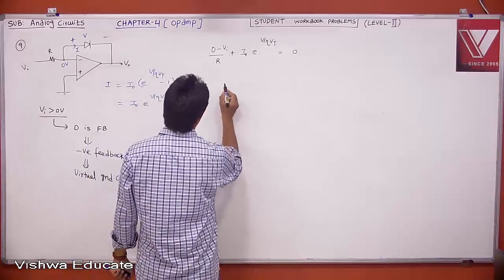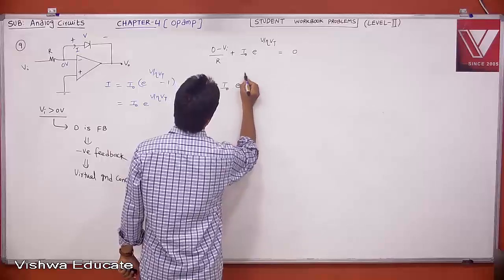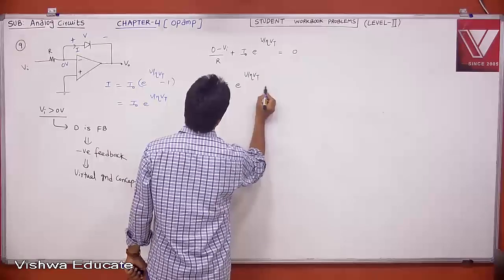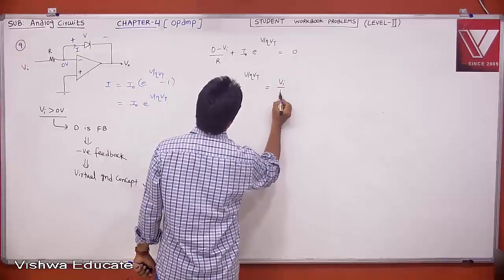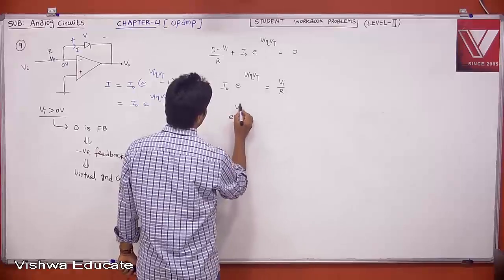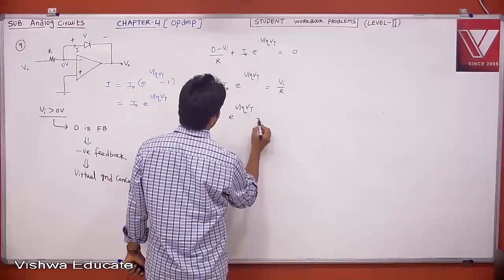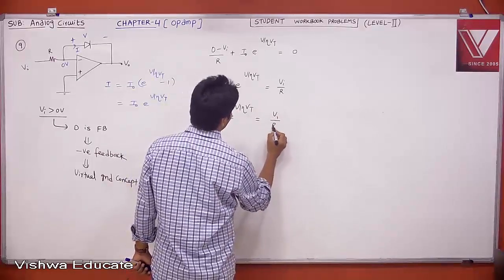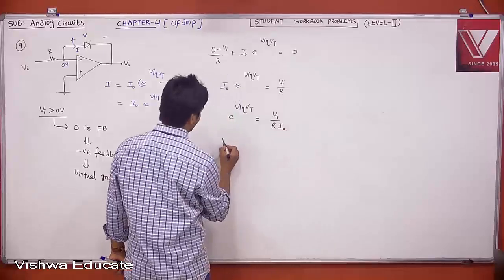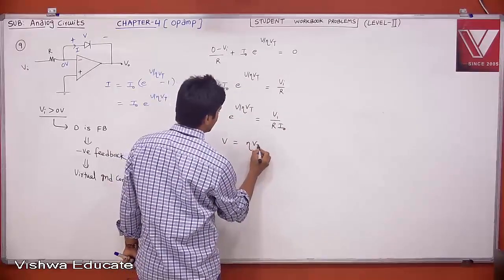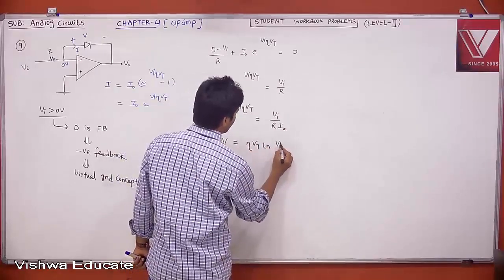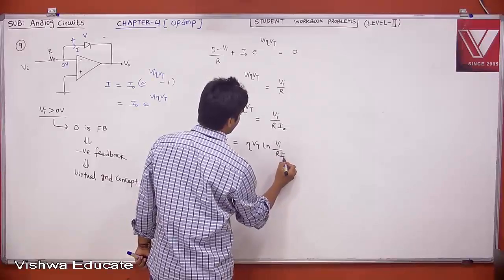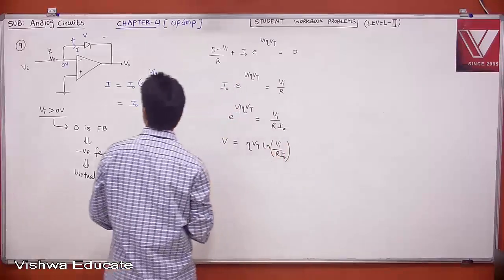Then I naught into e to the power of V by eta Vt is equal to Vi divided by R, so e to the power of V by eta Vt is equal to Vi divided by R into I naught. If you apply natural logarithm, V is equal to eta Vt ln Vi divided by R into I naught.